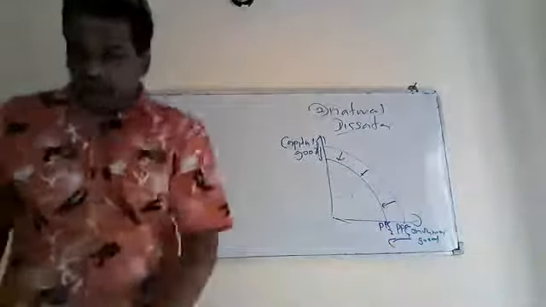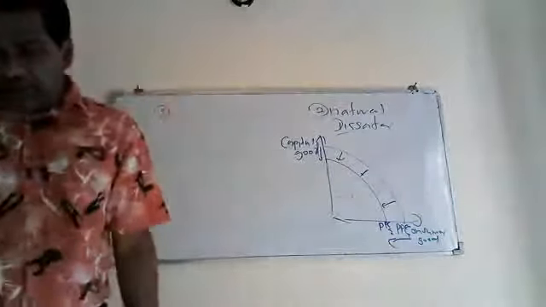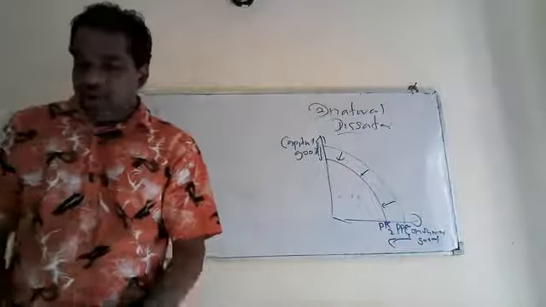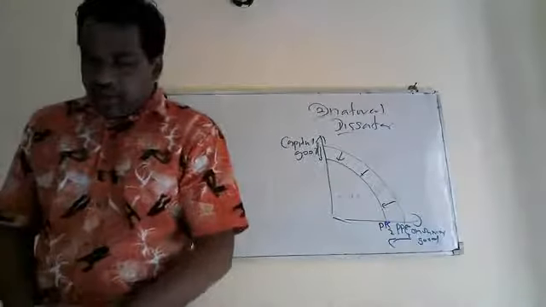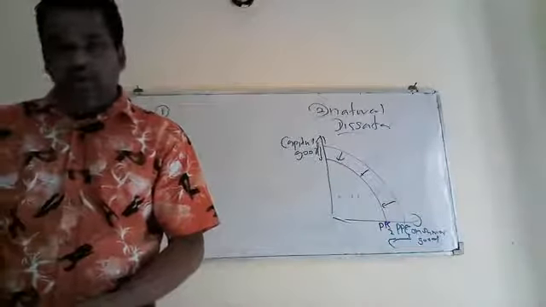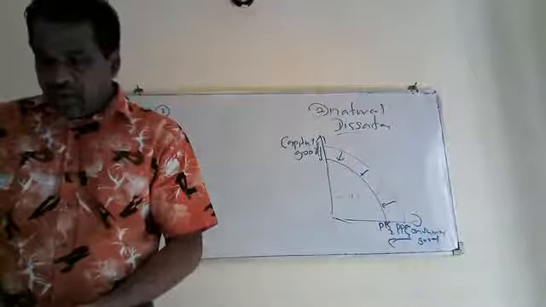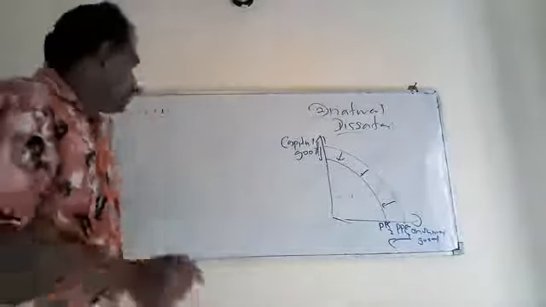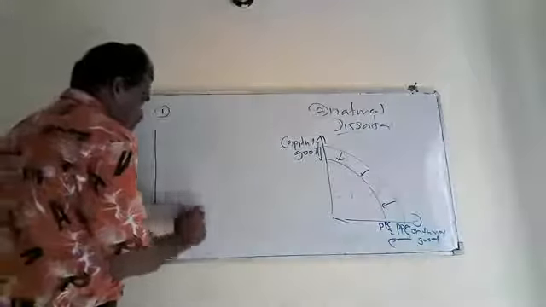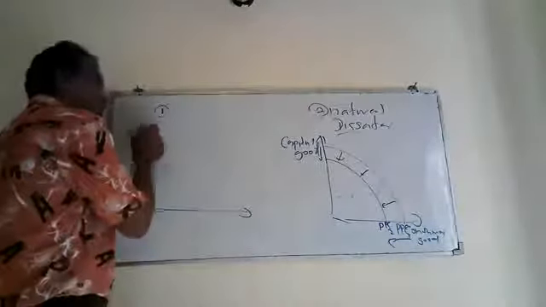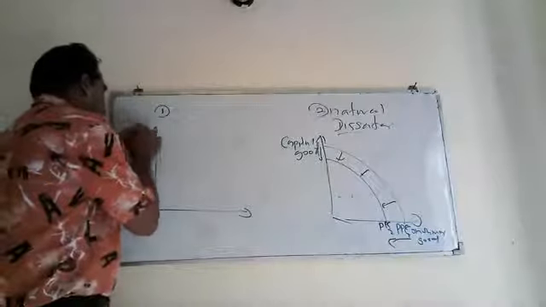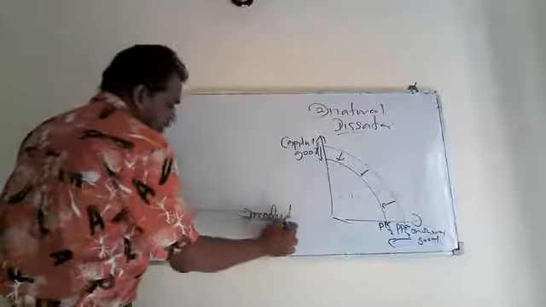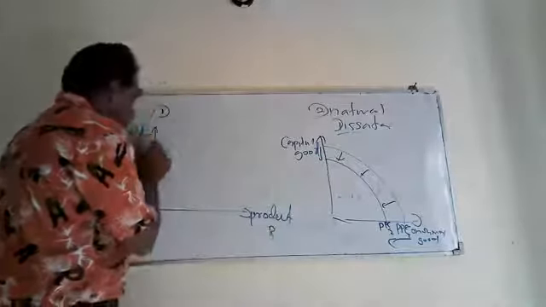Then number 3, you are asked to explain use of unutilized rural resources in production due to the expansion of road network. I will read the question again. Use of unutilized, unutilized means unused, rural resources in production due to the expansion of road network. Right. Here, you can draw product A, or here product B, and draw the curve like this.